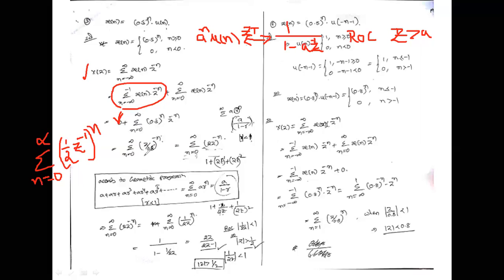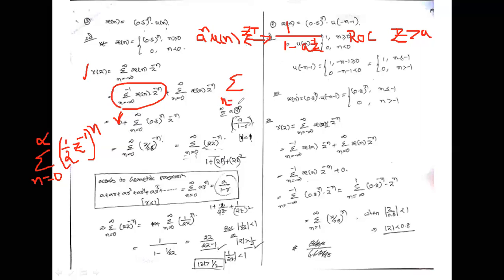In that we can substitute the values, or you can expand. Here the expansion is there: a plus a r cube and a r power 4 and a r power 5 and so on. That is 1 by 1 minus r. Got it, my dear students? Now I am using this function.